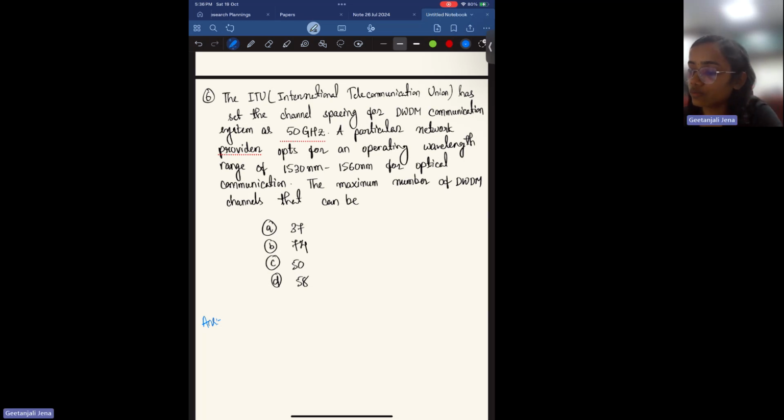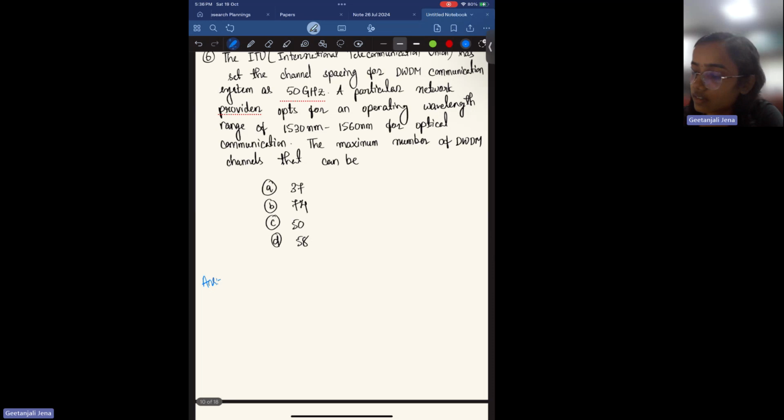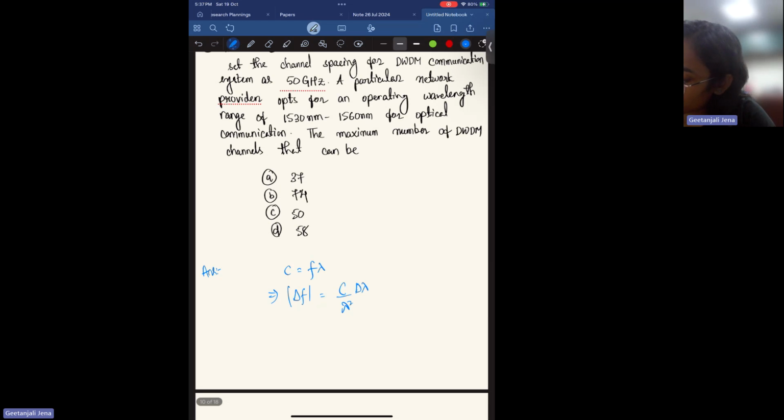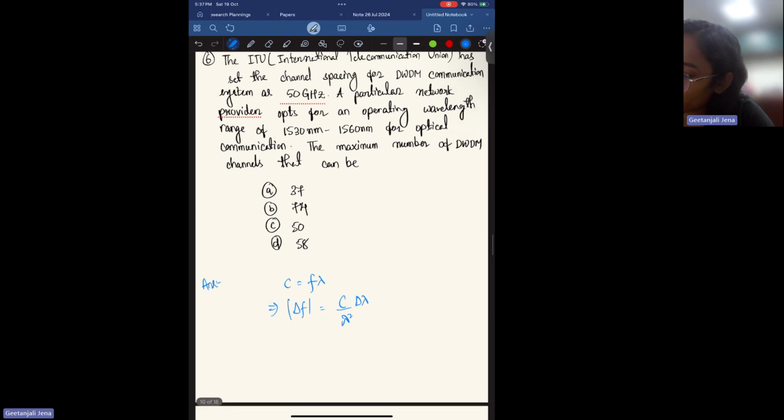For this, you know the relation, right? C equal to frequency into lambda. So that means mod of delta F is C by lambda square into delta lambda. If you want to find out the number of channels that can be passed through in this region, you know the channel spacing.